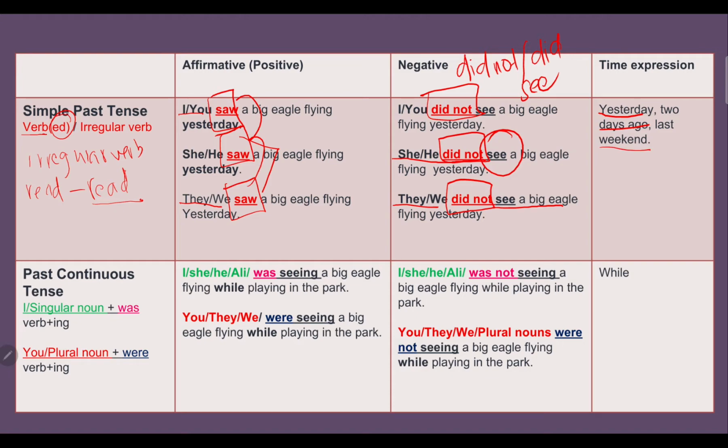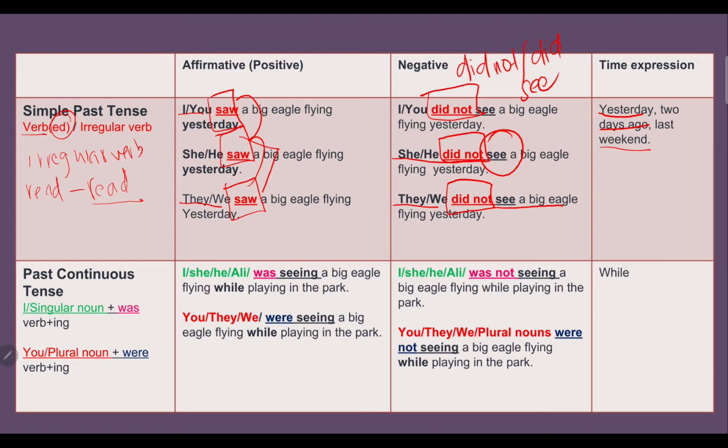Okay, very simple. And let's take a look at past continuous tense. Past continuous tense refers to a continuing action or state that was happening at some point in the past. Meaning that it is an action that was happening in the past.